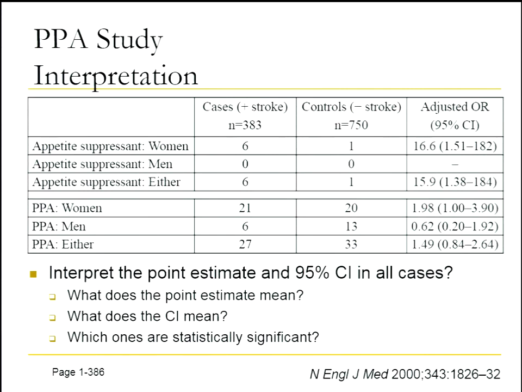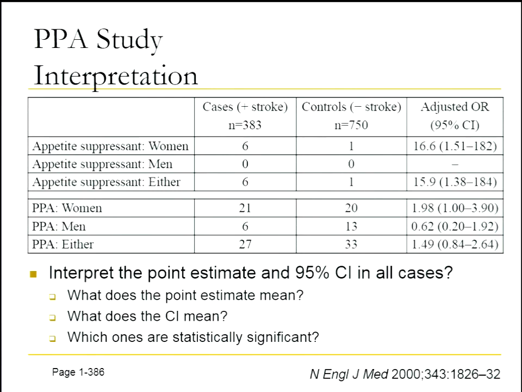So first, let's focus on this column, the odds ratio column, that shows the 95% confidence intervals. Let's try to interpret, one, what does this point estimate mean? By point estimate, I mean the odds ratio obtained in this particular study.